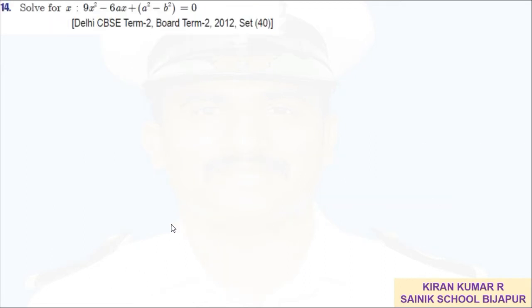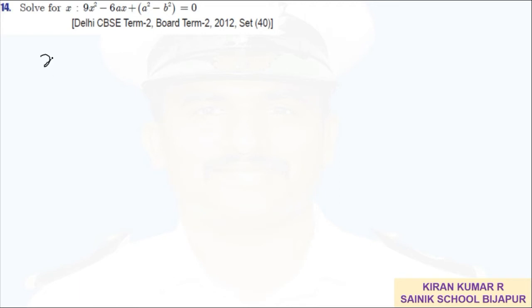Next question, question number 14. Solve for x. 9x square minus 6ax plus a square minus b square equal to 0. We have to make use of quadratic formula.